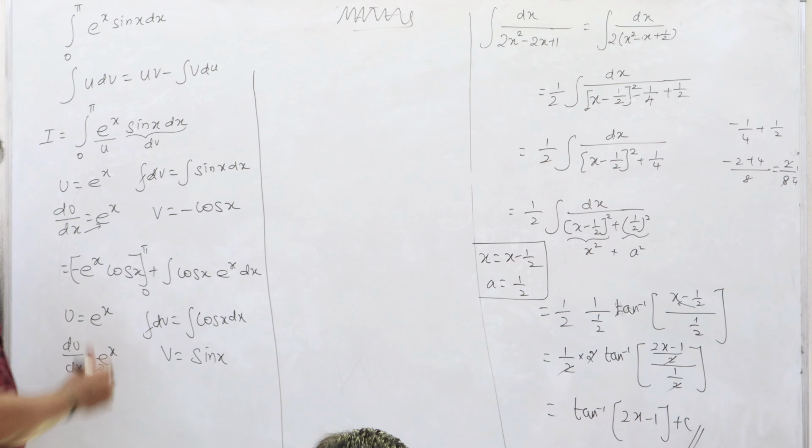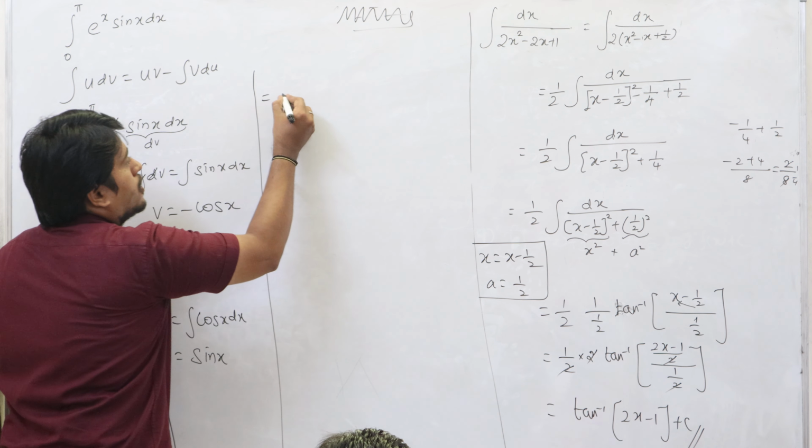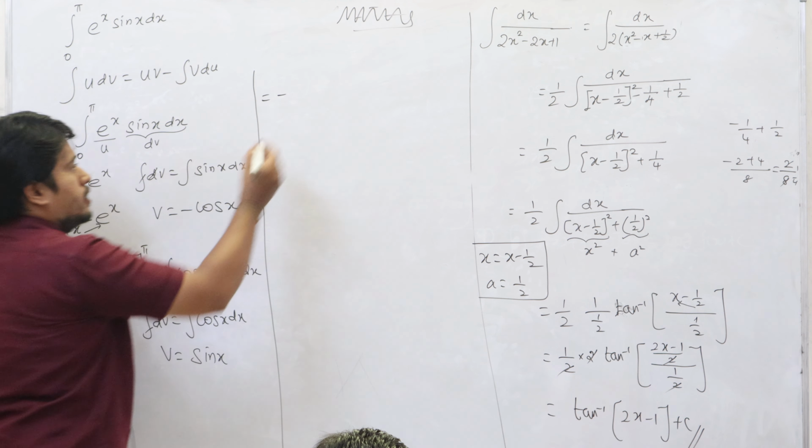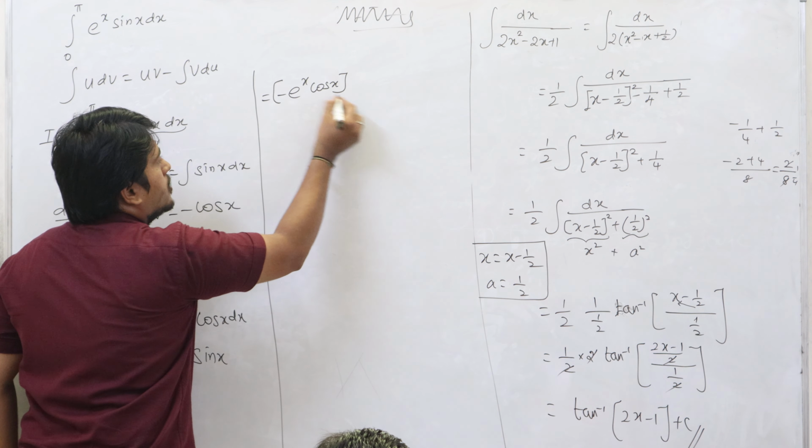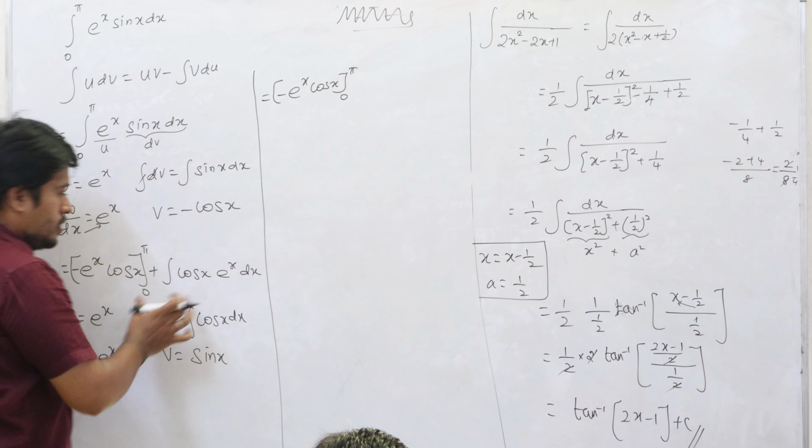So u and v are over. Next, minus of e power x cos x with the limit of 0 to pi.